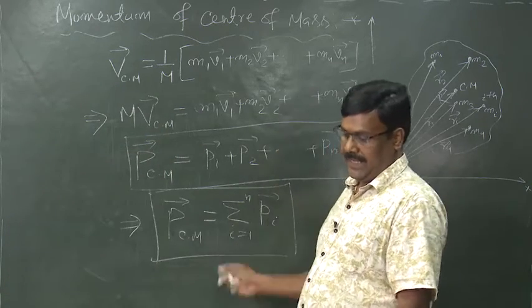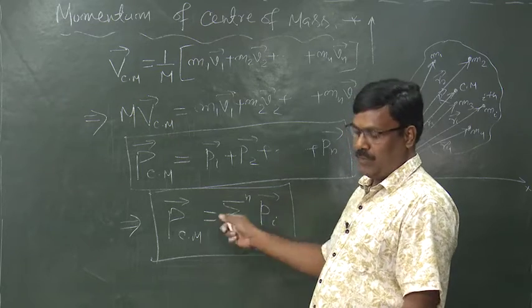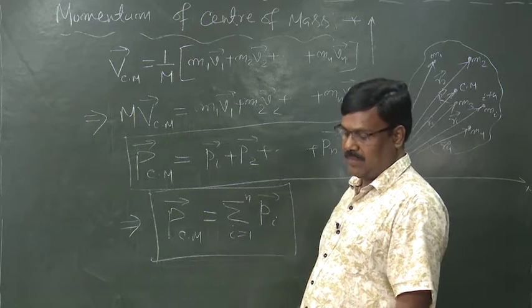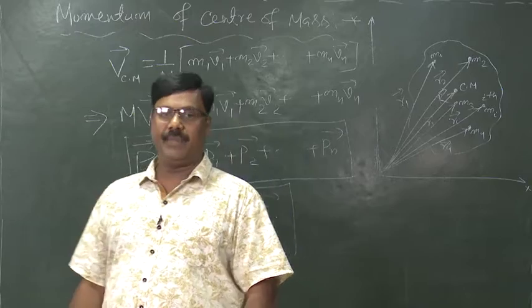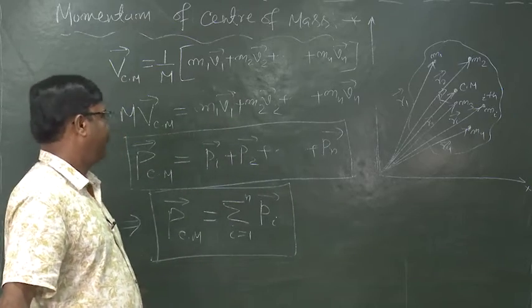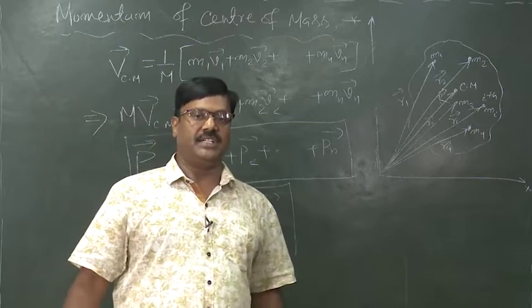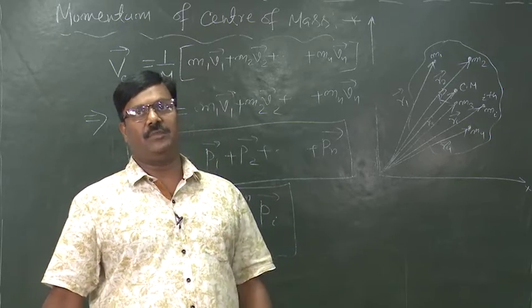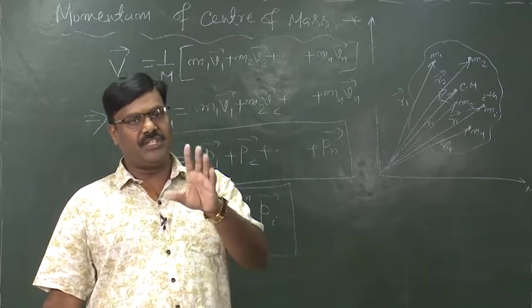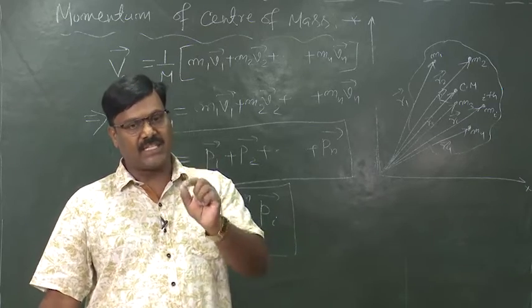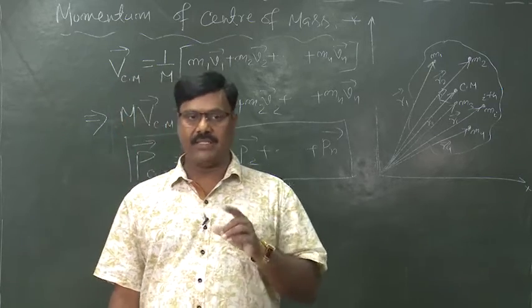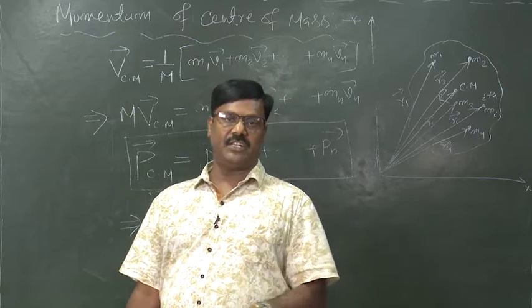This is the expression for the momentum of the center of mass of a system of particles. We have also calculated the position vector of center of mass, the velocity of center of mass, the acceleration of center of mass, and the momentum of the center of mass.